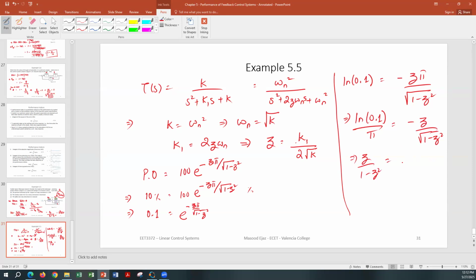This is coming out to be 0.7329. It's going to be negative 0.7329, but negative and negative is going to cancel out.